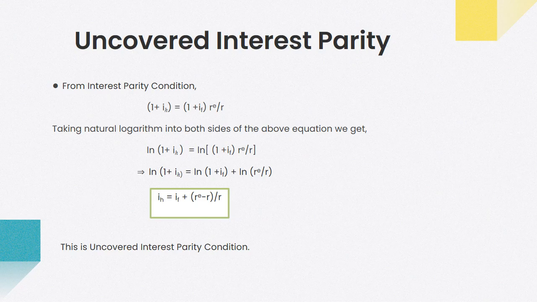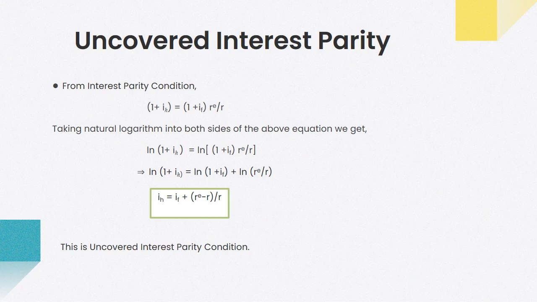So from interest parity condition, we find 1 plus IH is equal to 1 plus IF into RE by R. In this equation, IH is rate of return on home currency, IF is rate of return on foreign currency, RE is expected exchange rate and R is spot exchange rate.